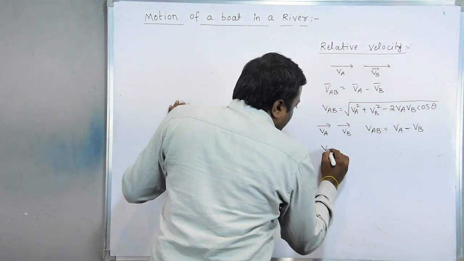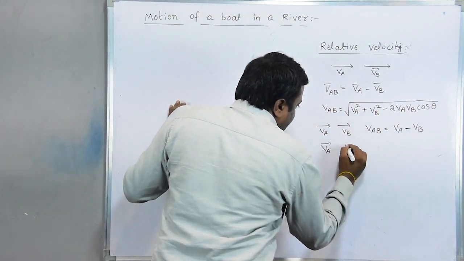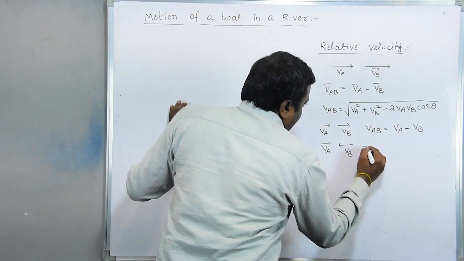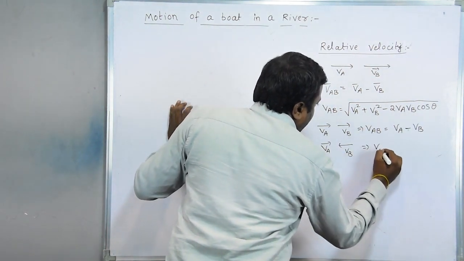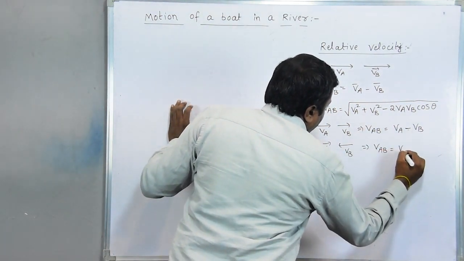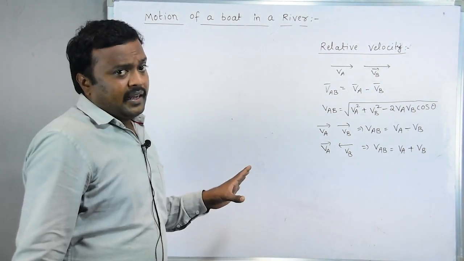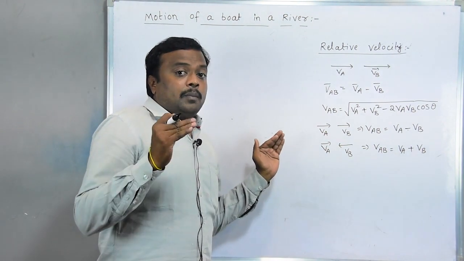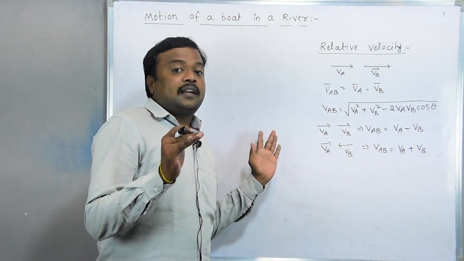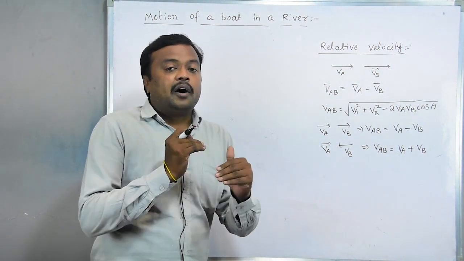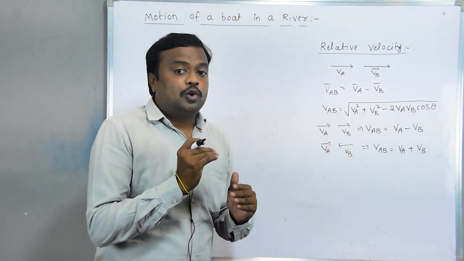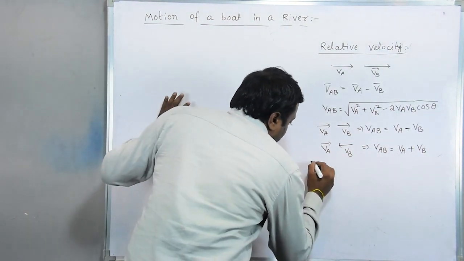If both are in opposite directions, VA bar in this way, VB in this way, then its resultant VAB is VA plus VB. Acceleration also in the same manner. Here, the frame of reference is at rest. If the frame of reference also is in motion, you see that example.